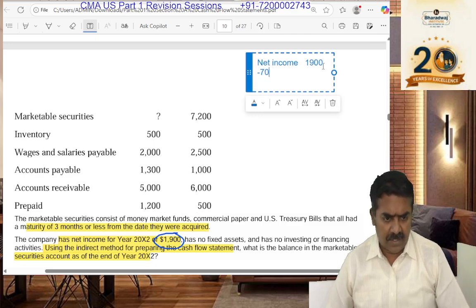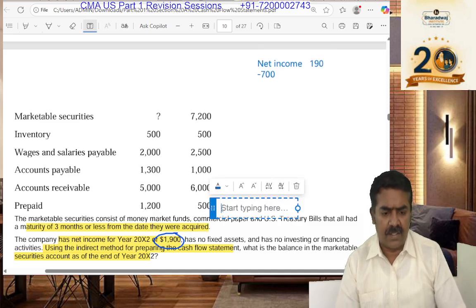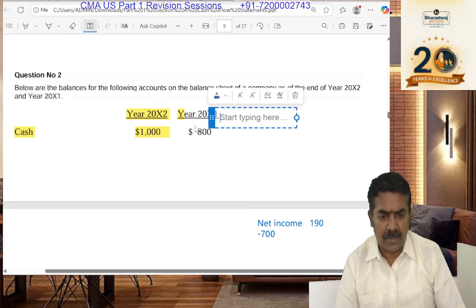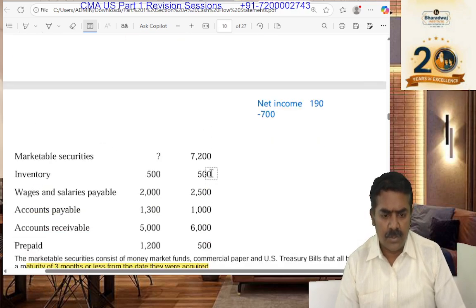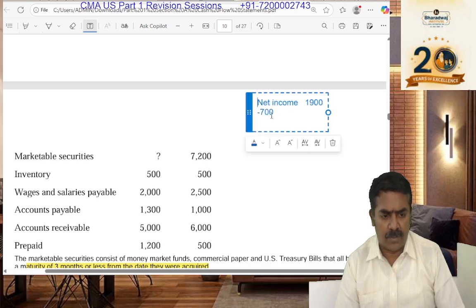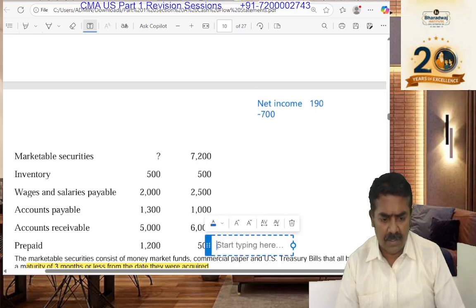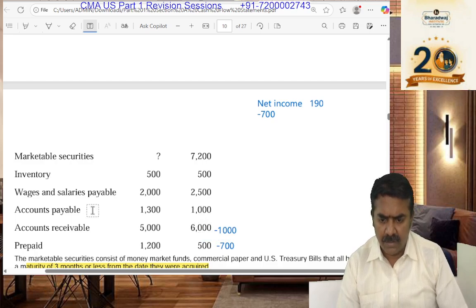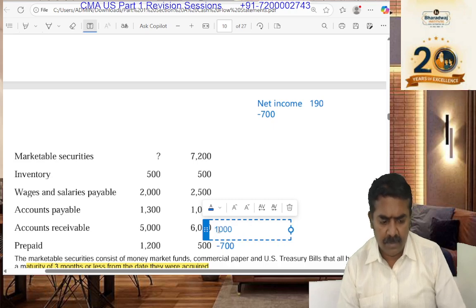Minus 700. Increase in current assets, you will minus, in the respective place, minus 700. Accounts receivable increased, so minus 1,000. Then accounts decreased, so we add plus 1,000.